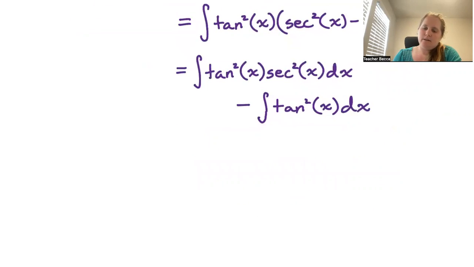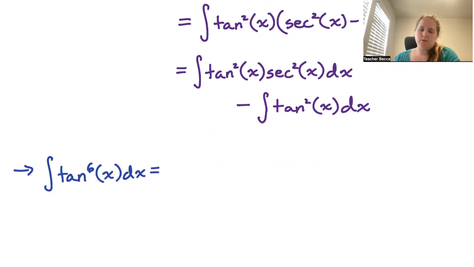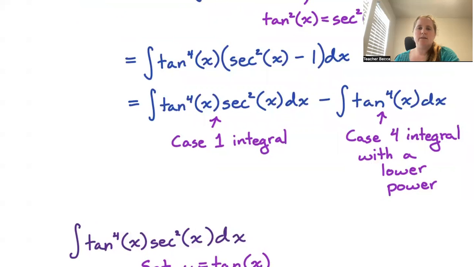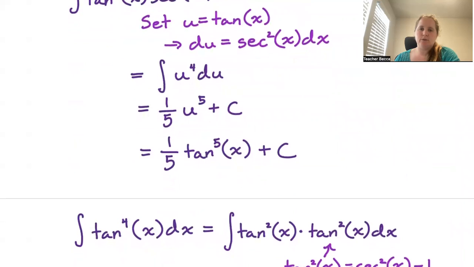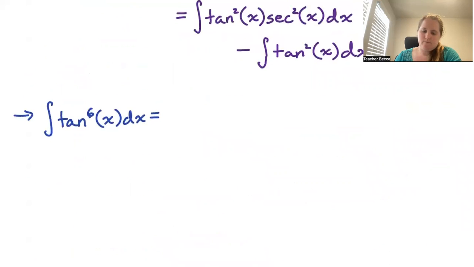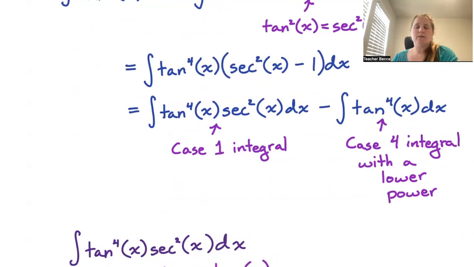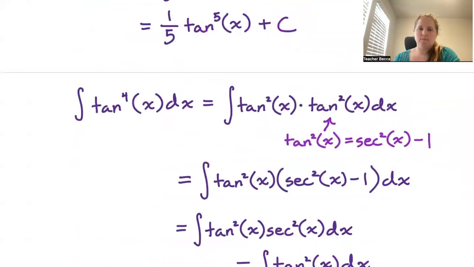So we are looking at the integral of tangent to the 6th of x dx is equal to our first component, that integral of tangent to the 4th secant squared x dx became 1/5 tangent to the 5th of x. Then from there, we were supposed to subtract off the integral of tangent to the 4th of x.